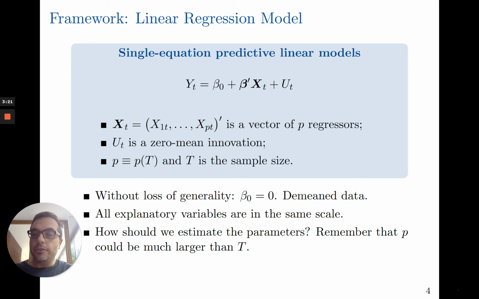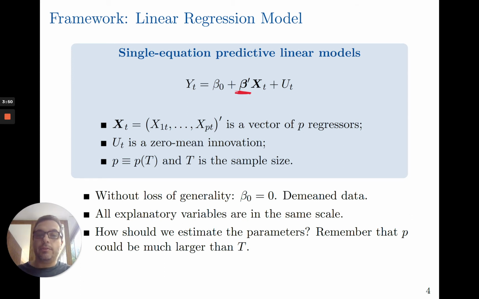So the question is, how should we estimate the parameters? Remember that p could be much larger than T, so OLS is not feasible, and we have to rely on a different estimator. So how are we going to estimate the parameters beta here?